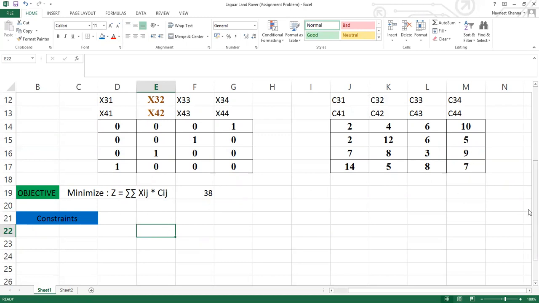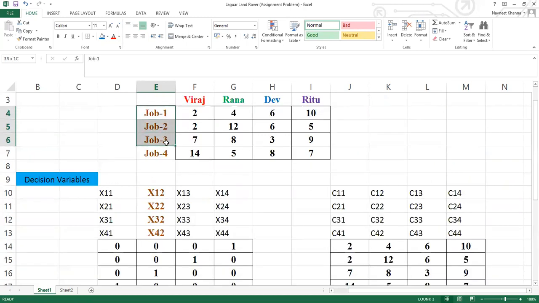Out of all these, four jobs can go to Viraj, that is X11 plus X21 plus X31 plus X41 equal to 1. Similarly, these four jobs can go to Rana, that is the second one. Then these four jobs can go to Dev, right? So this is our Xij summed over i equal to 1 for every j, where j is either Viraj, Rana, or Dev, like this.